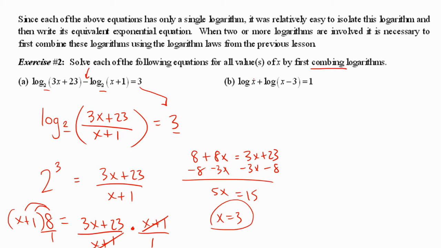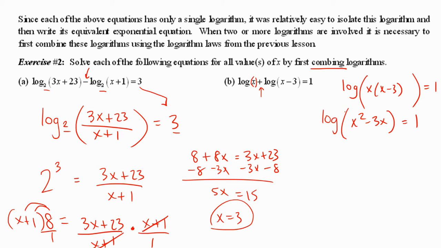Next one, we've got, careful, this is a secret parentheses here. Combine this. So when the operation in between logs is addition, then we multiply. So we have to do x times x minus 3, all inside there, and that equals 1. So now this is going to become x squared minus 3x if we distribute.